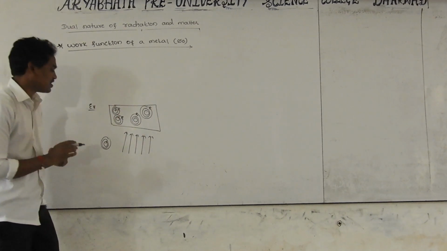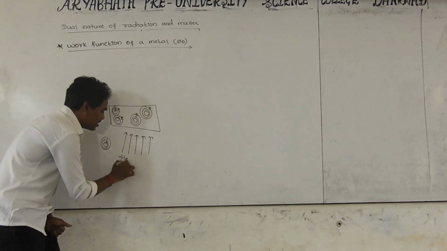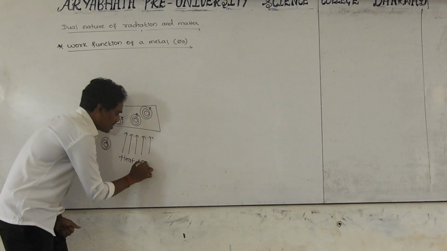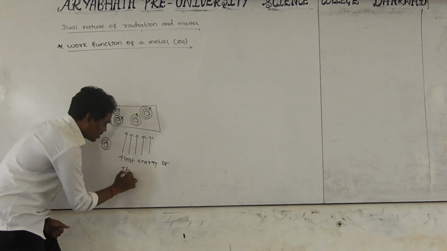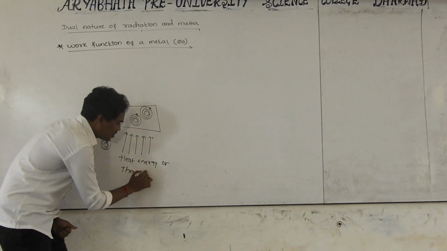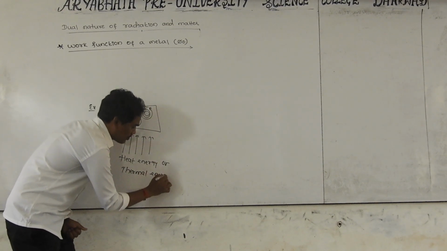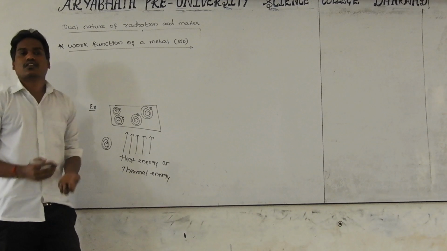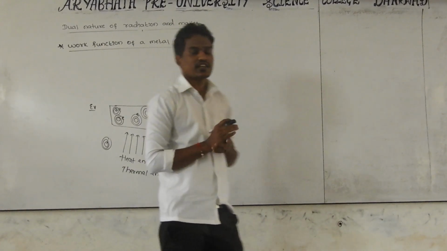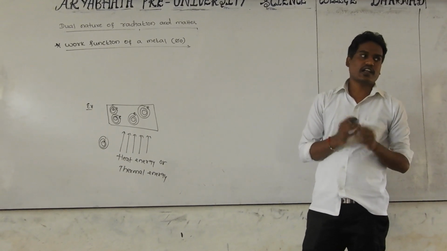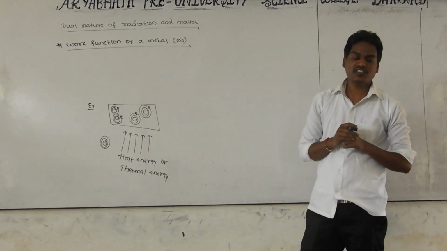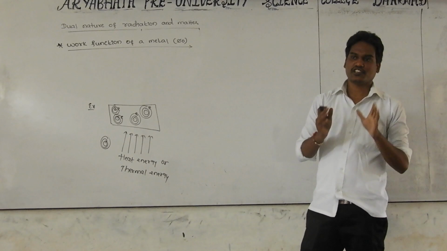That external energy I am taking as heat energy, or we can call it thermal energy. You know the general concept: what is the relation between temperature and kinetic energy of the particles? They are directly proportional to each other.